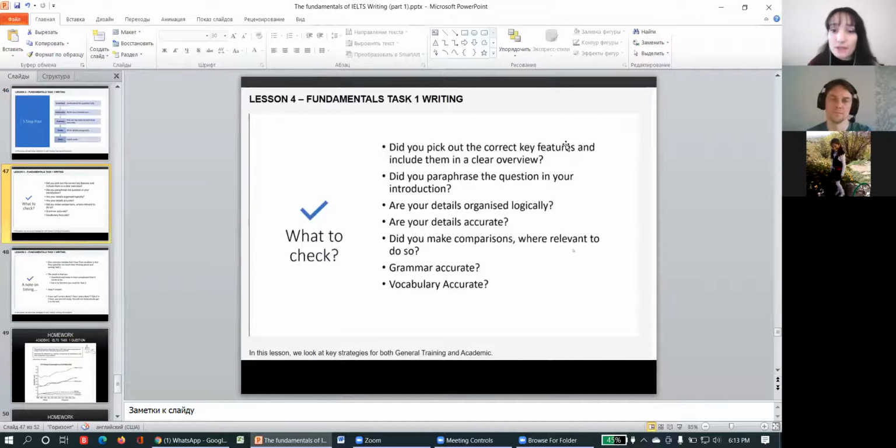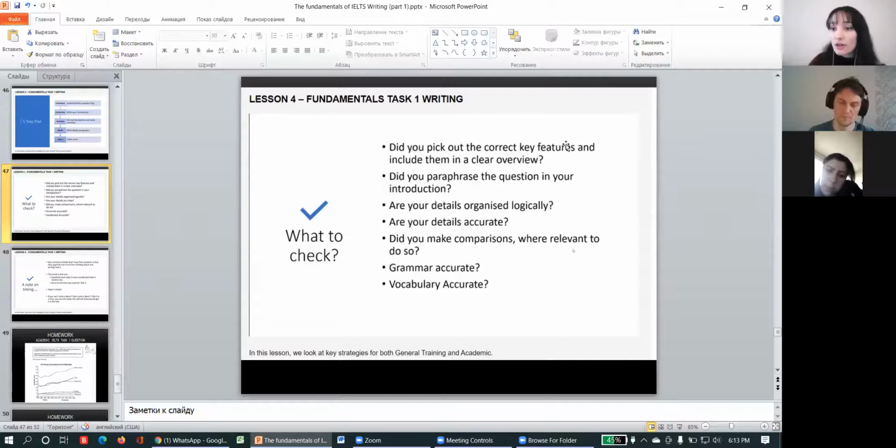What to check? Did you pick out the correct key features, and did you include them in a clear overview? Did you paraphrase the question in your introduction or not? Are your details organized logically? Is it easy for the reader to understand? Are your details accurate?